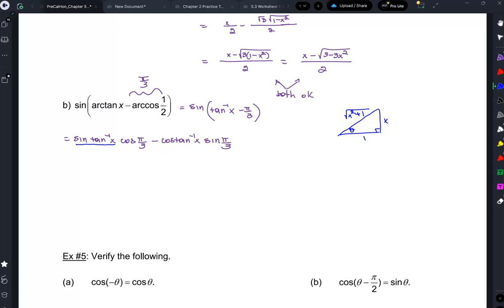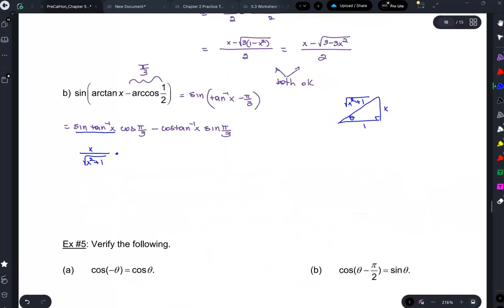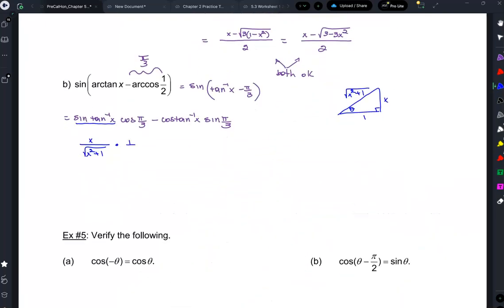So now here, I want the sine of this, so that's x over the square root of x squared plus 1, times cosine of pi over 3, which is 1/2, minus, what's the other one?